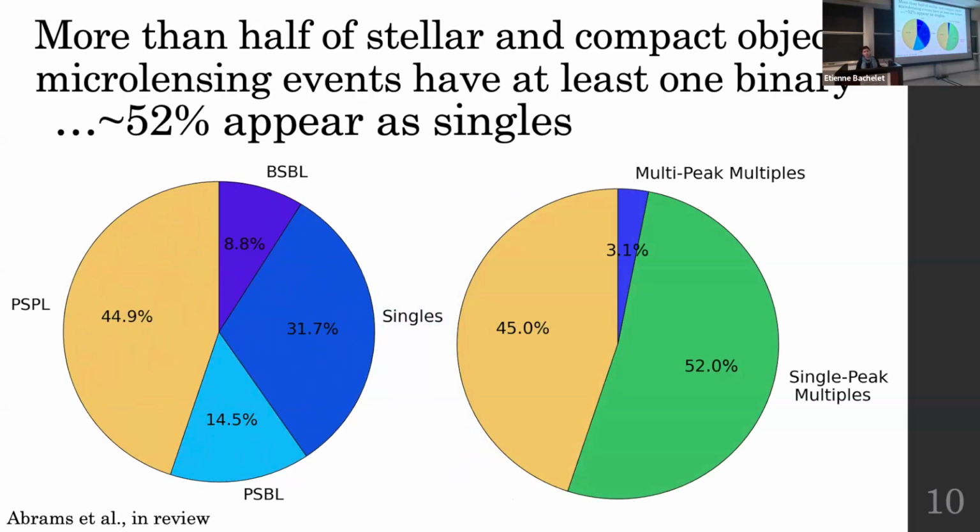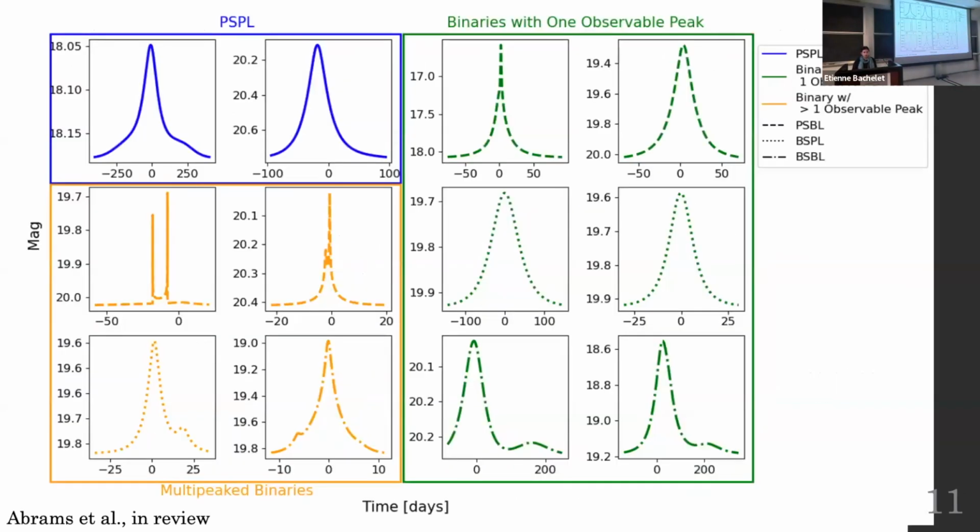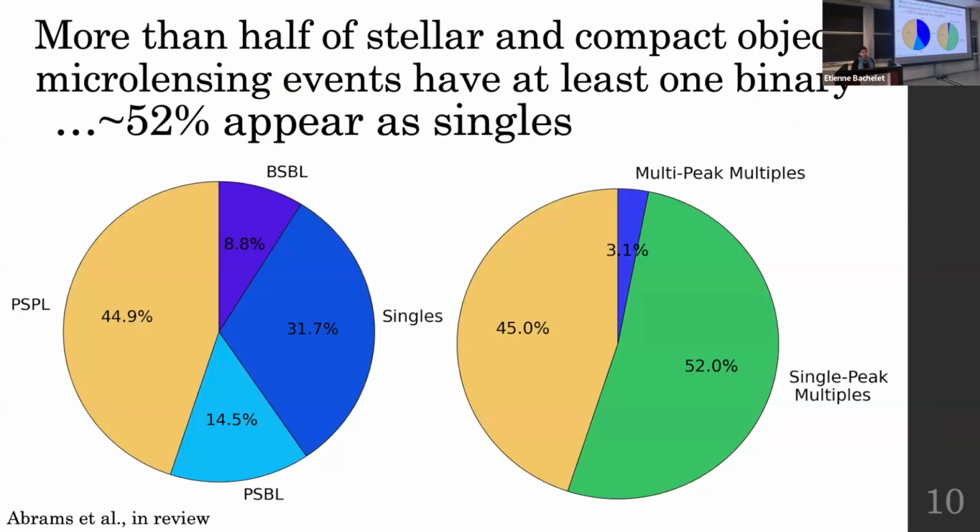About 3% are multi-peak multiples, which is in somewhat agreement with the 3 to 10% of binary microlensing that we approximate today.